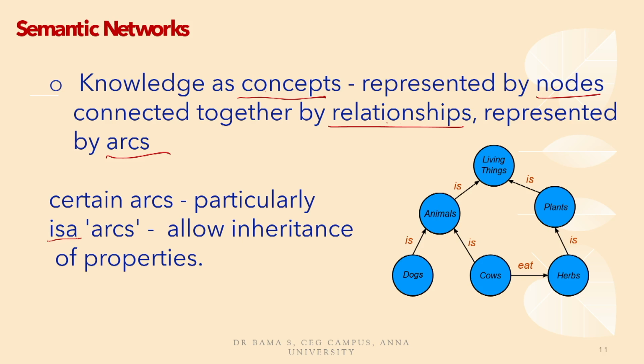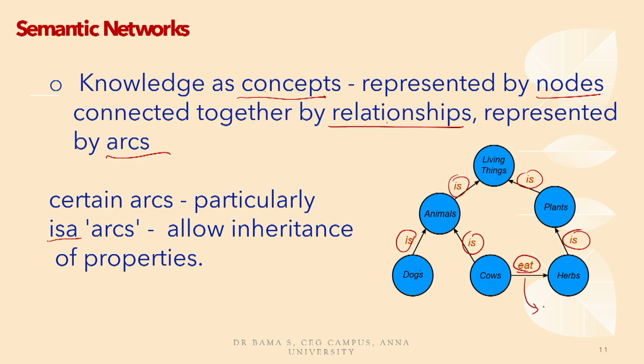We have two representations here of the edges or arcs. One is an arc like here, another one is the property eats. So, if you see, dog is an animal, animal is a living thing, plant is a living thing, cow is an animal, and cow eats herb.